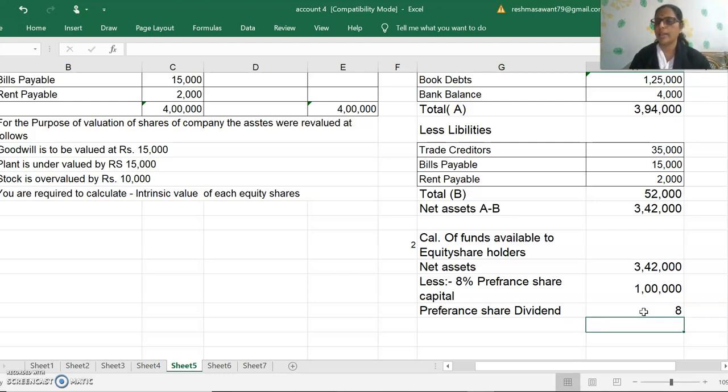So 3,42,000 minus 1 lakh 8,000. The amount will be 2,34,000 funds available.